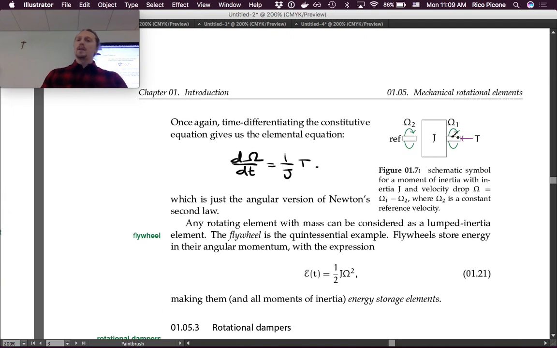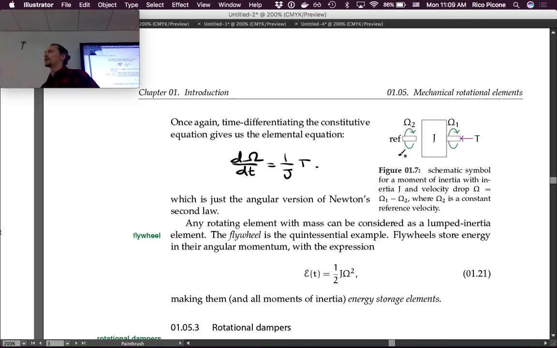So let's look at this figure here. You see that this is how it's represented schematically. We have this moment of inertia. We have this shaft port here that we have a torque going into. And we say that the angular velocity of J is just omega 1 minus omega 2, where omega 2 is always constant, often 0, but always constant.